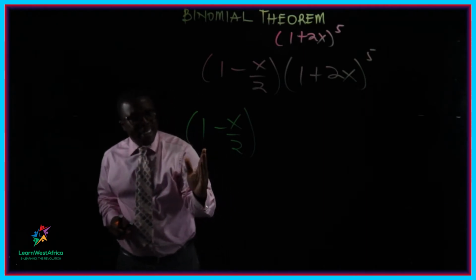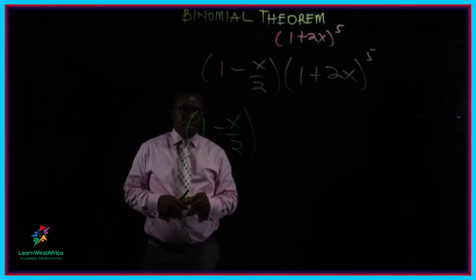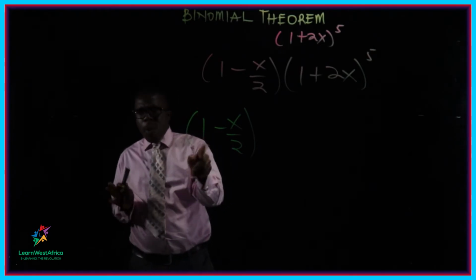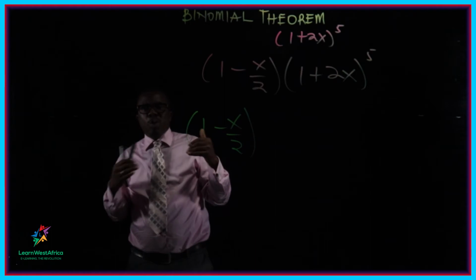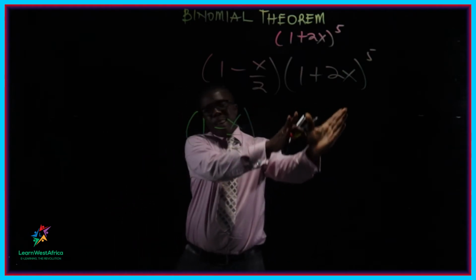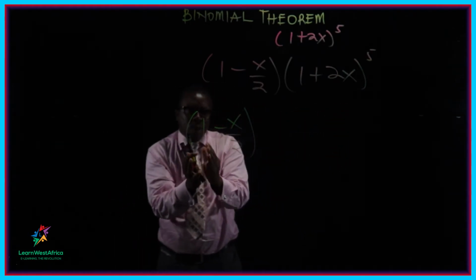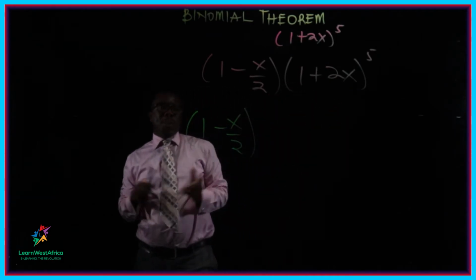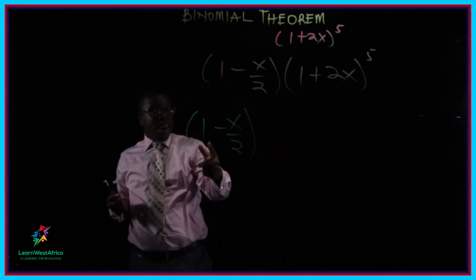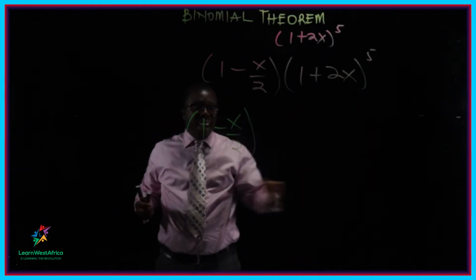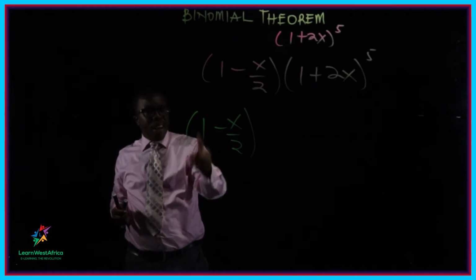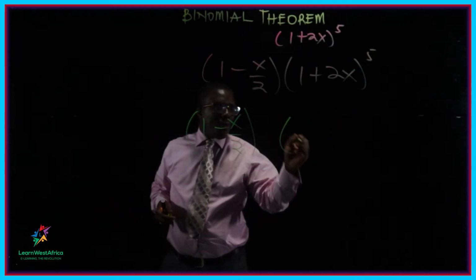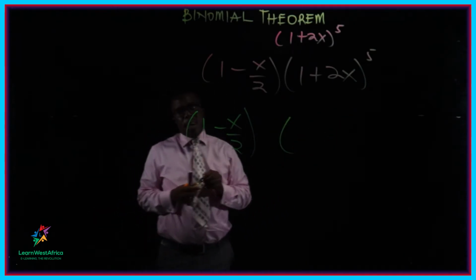So we take each of them and we try and find who the partner is going to be. So here you have 1. Now 1 hasn't got any x. So what would you need in this second bracket so that if 1 were to multiply that, it will produce x cubed? Hope you can guess. Obviously, if an x cubed has to be produced and 1 has not got an x cubed, then 1 has to multiply the term with an x cubed. So in this bracket, we will choose the term with the x cubed.